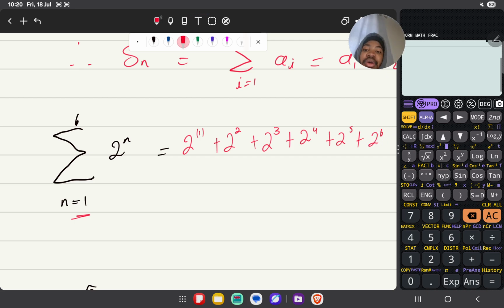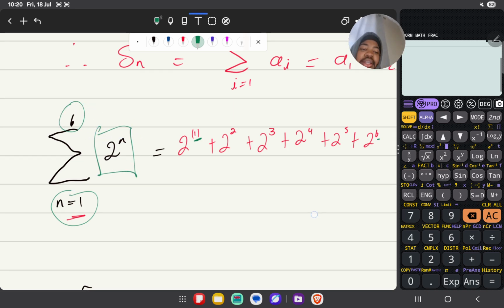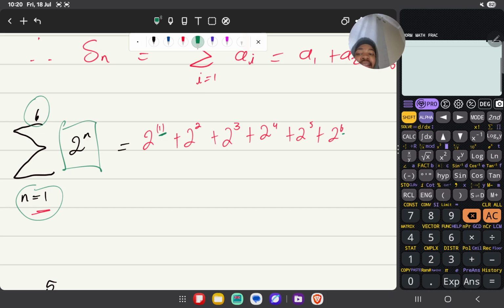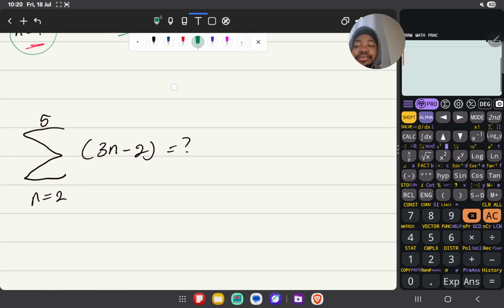This is the 1, this is the 6, and this is the general rule that defines the pattern. You put this in a calculator and you get the answer we're looking for.